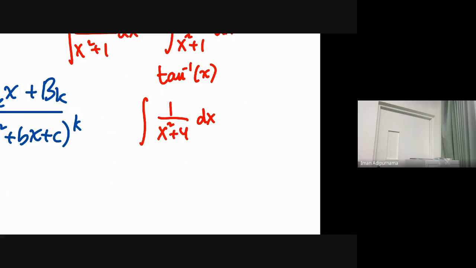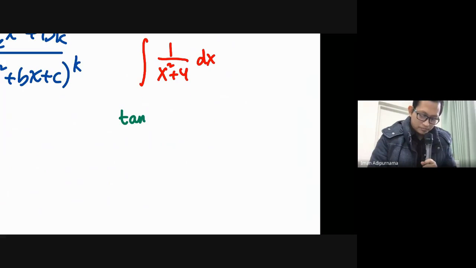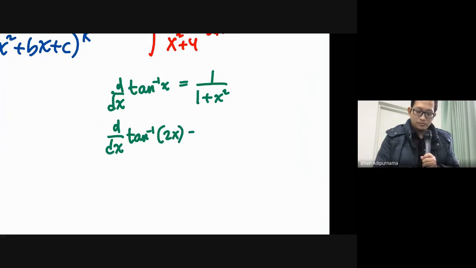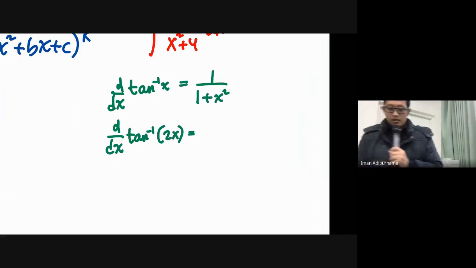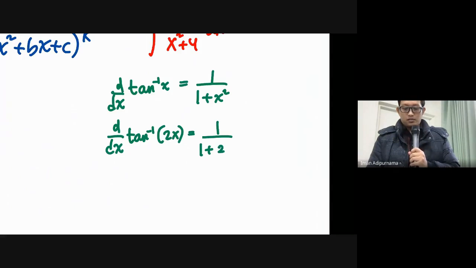For example, let's start with the derivative of tangent inverse x. Nicely, you will get this, right? But what will happen if you have the tangent inverse of 2x? You will get 1 over 1 plus (2x) squared, and then multiply with the chain rule.